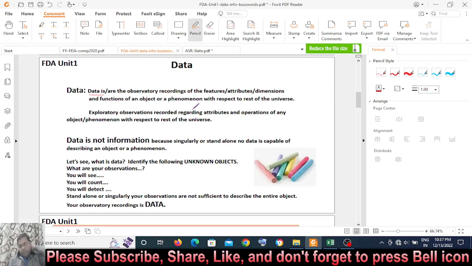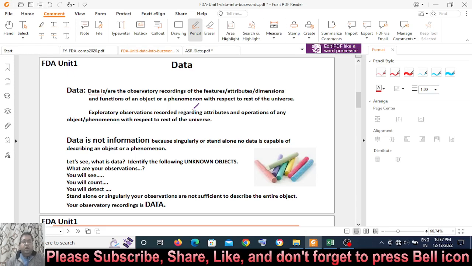With this we can say that data is not information, because standalone, no data is capable of describing an object or a phenomenon. Any object or phenomena is not describable using a single data, and if a single data describes that object, we call it not data but information.